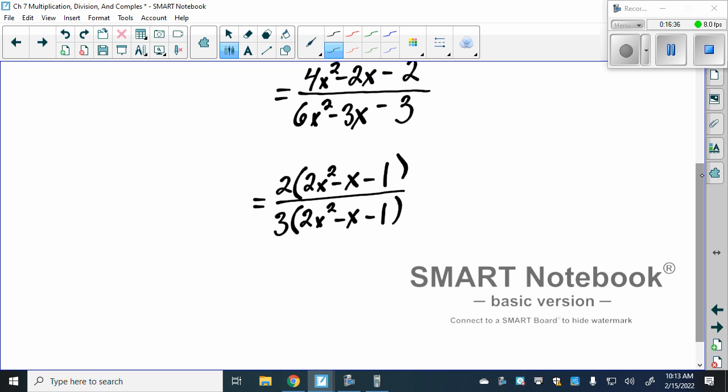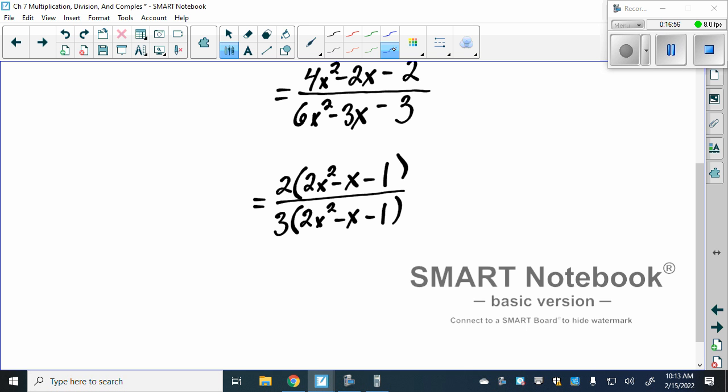Then we could factor, yes? Do I need to factor these? Because, I mean, we could, and we would get the exact same factors, yes? But anything divided by itself is 1. And we could cross these out and be left with 2/3, yes?